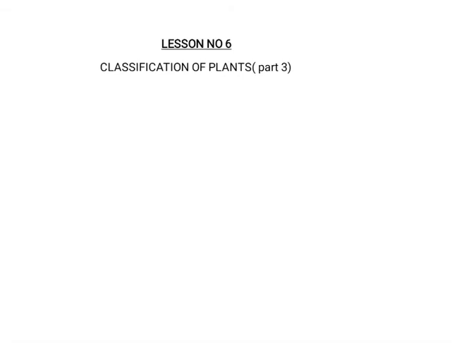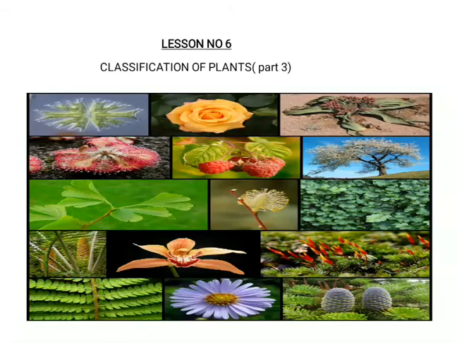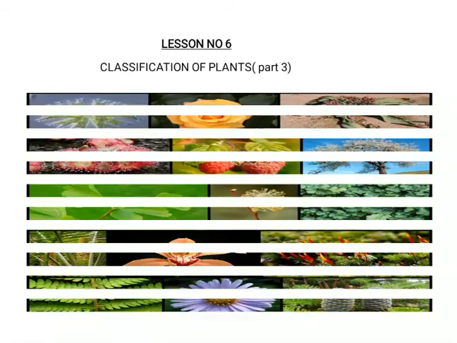In the previous two lectures, we have discussed the first and second part of classification of plants. In the previous lecture, we have seen that plants are basically classified into flowering and non-flowering plants.